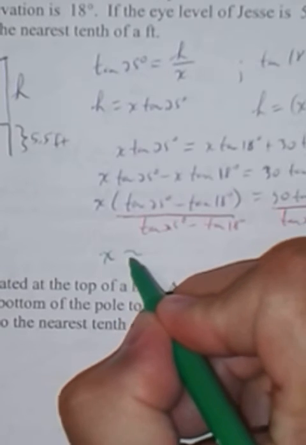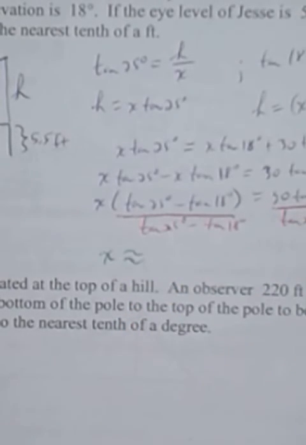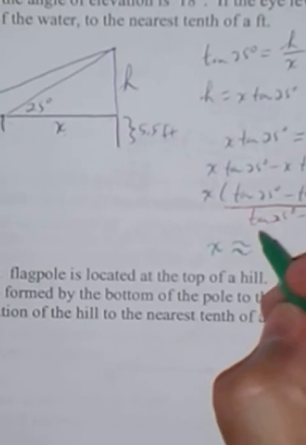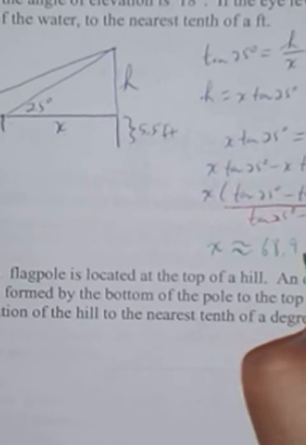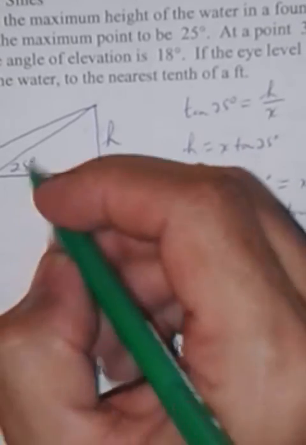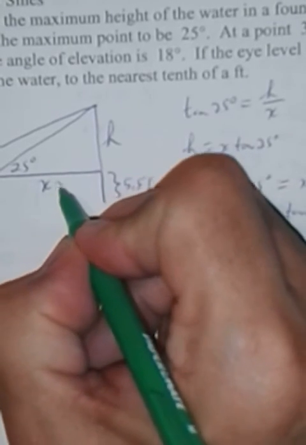So x is approximately 30 tangent 18 divided by tangent 25 minus tangent 18, and my calculator says 68.9, rounded to the nearest tenth. So x is about 68.9.